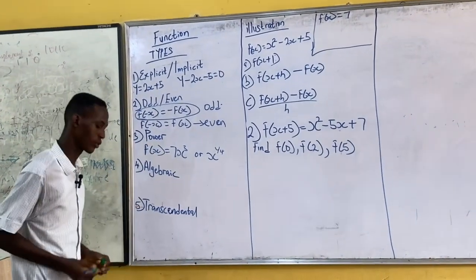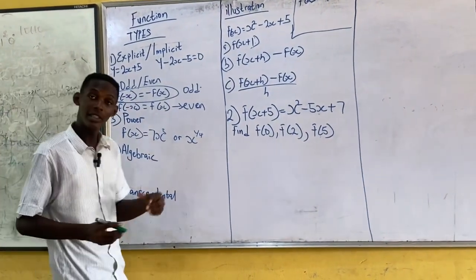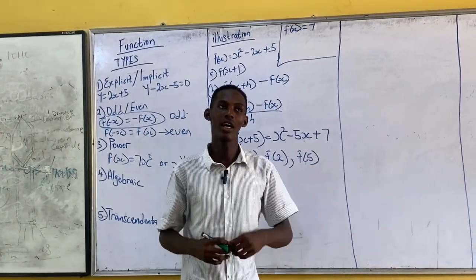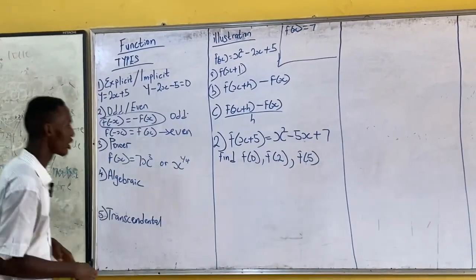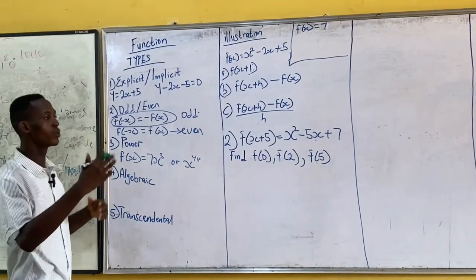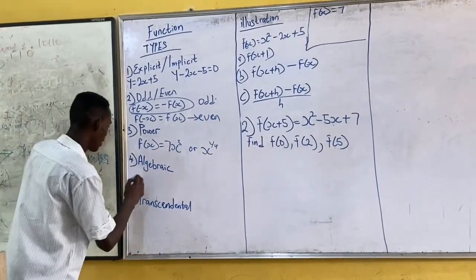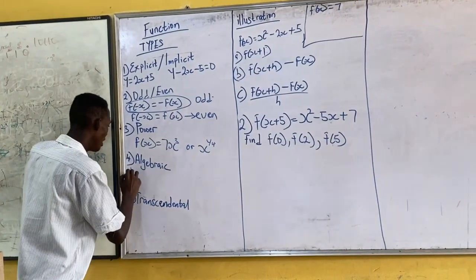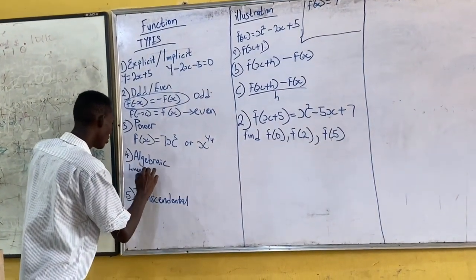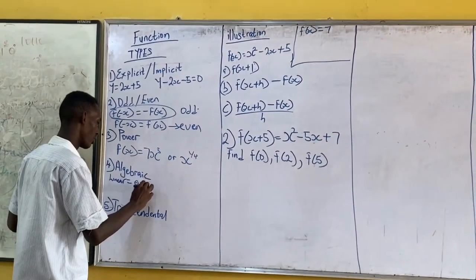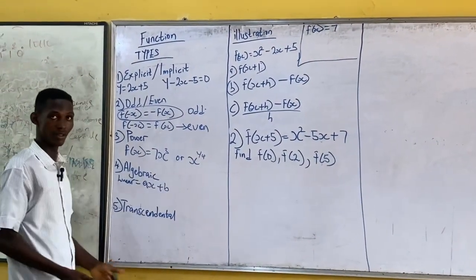Now for the algebraic function, it is divided into 3. We have our linear, quadratic, and what? Cubic. So we'll be limiting it to that. We also have polynomial, but we won't go into that because of the scope of our video for today. So let's just limit it to 3. So for the linear, of course, in our previous class, I told you that this is our linear function. The highest power is 1.